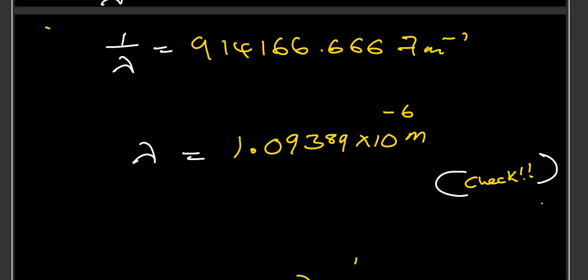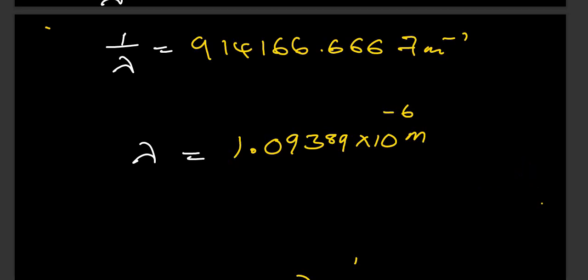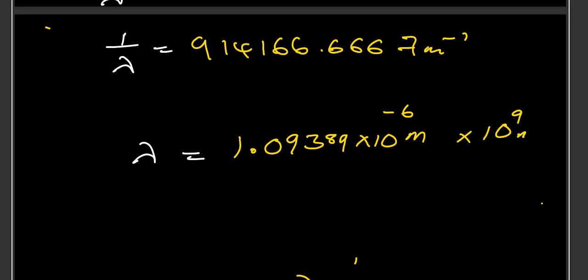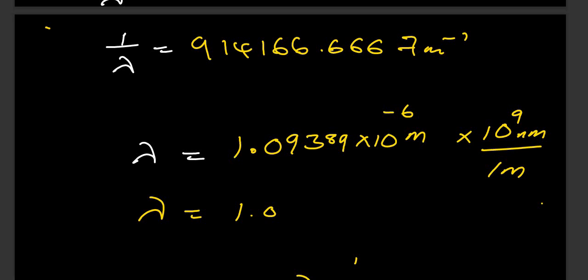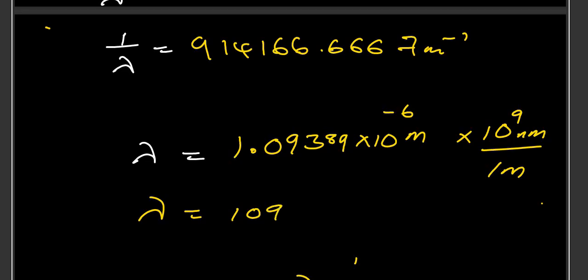So now we want to convert this to nanometers. So we are multiplying it by 10 to the power 9. So wavelength is equal to 1098.9, something like that.